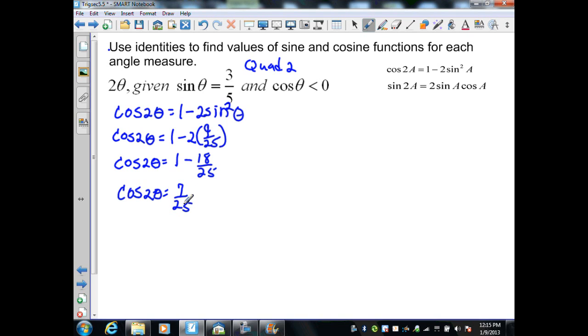Now, I need to find the sine 2a. I need to use this double angle identity. To do that, I have the value of sine. I need to first determine the value of cosine. I can do that by using our Pythagorean identity.